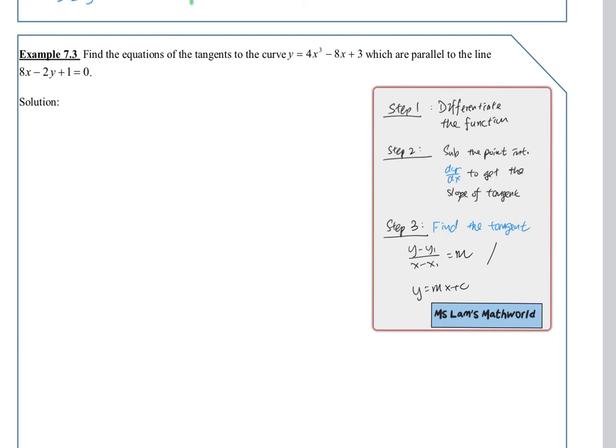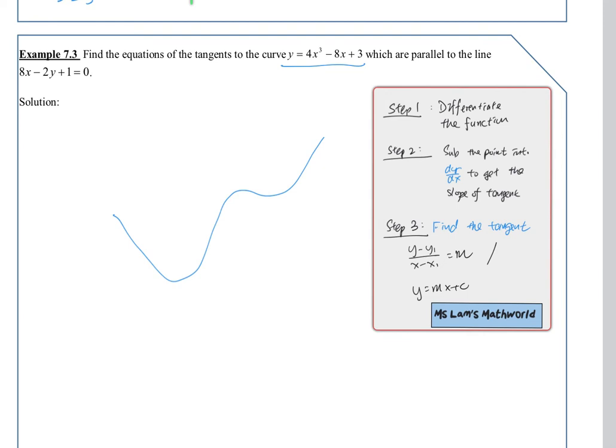First, we need to get the graph, right? We call the curve. Then we want to substitute the point into dy/dx to get the slope of the equation. Then this time we actually get the slope. Yes, we get the slope, but we don't know the point.